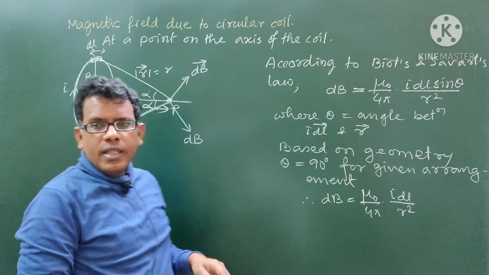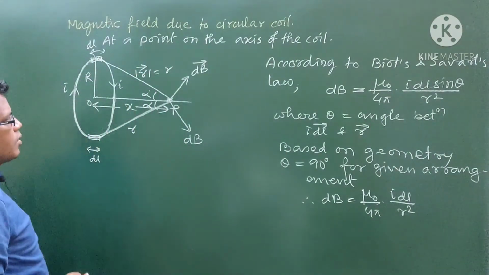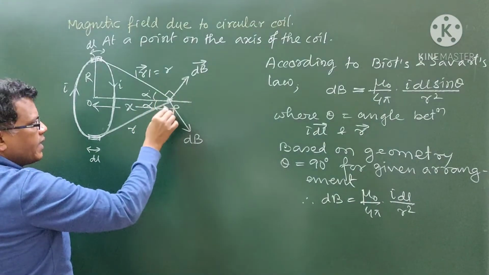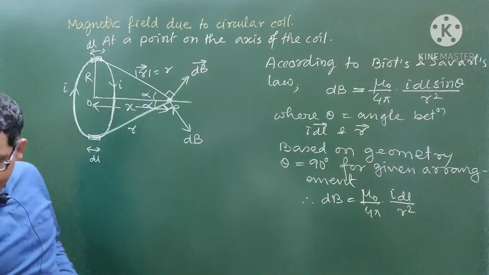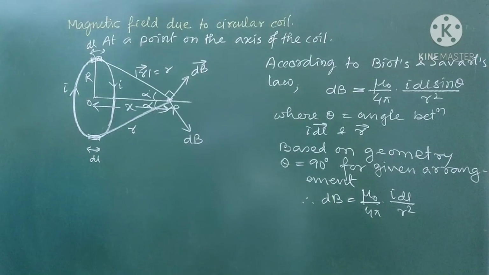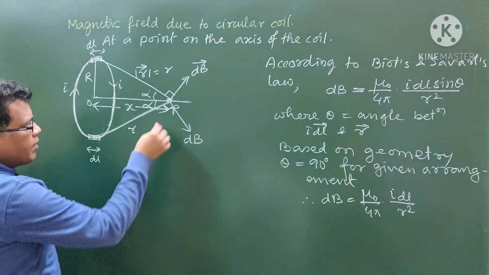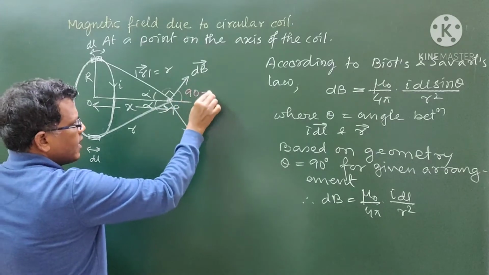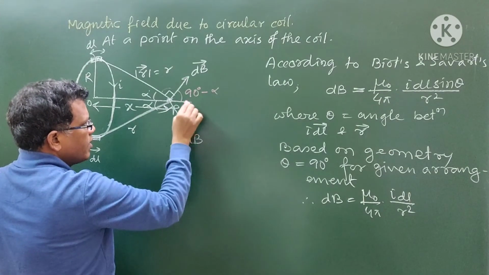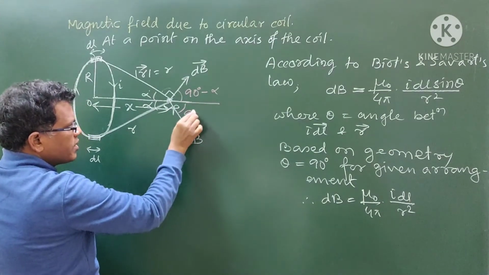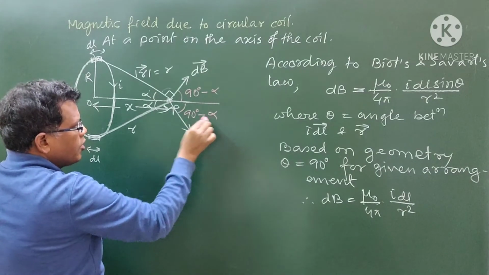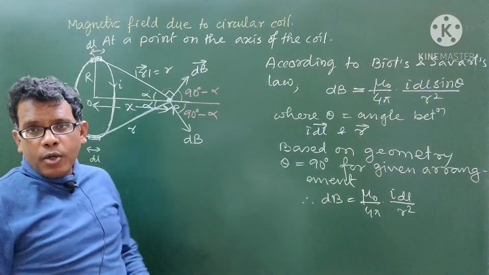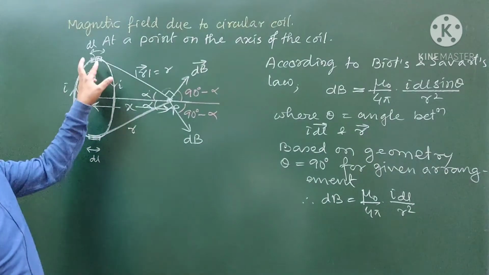Okay, clear? Now this is 90 degrees, this is also 90 degrees. Geometry wise, if this is alpha and this is 90, then this is 90 degrees minus alpha. The same will happen here also, 90 degrees minus alpha.